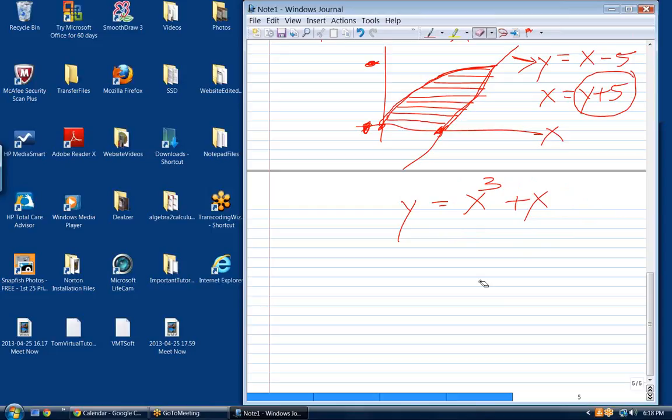So a lot of times which way you integrate, and this is going to apply when you get to volumes of revolution also, is determined by your ability to define the function as either a function of x or a function of y.